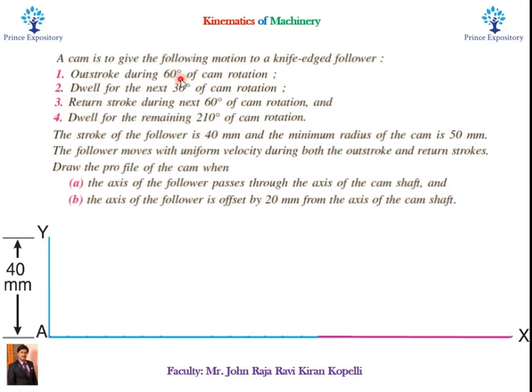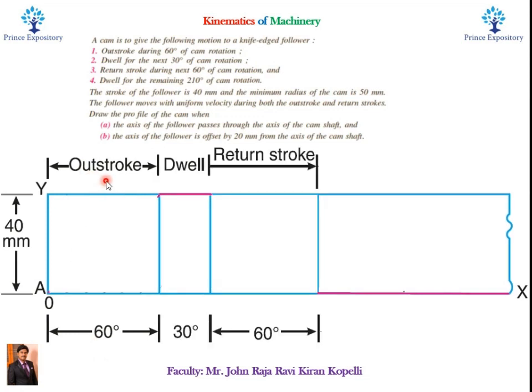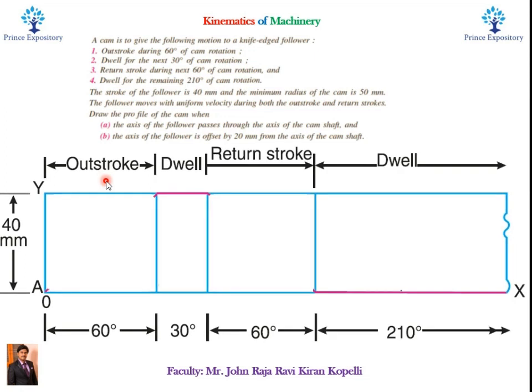Now first of all we will look at this outstroke 60 degrees. As we have considered a scale, 10 degrees is equal to 1 centimeter, 60 degrees is equal to 6 centimeters. So then we have indicated outstroke, followed by dwell 30 degrees, return stroke 60 degrees, and remaining dwell 210 degrees.